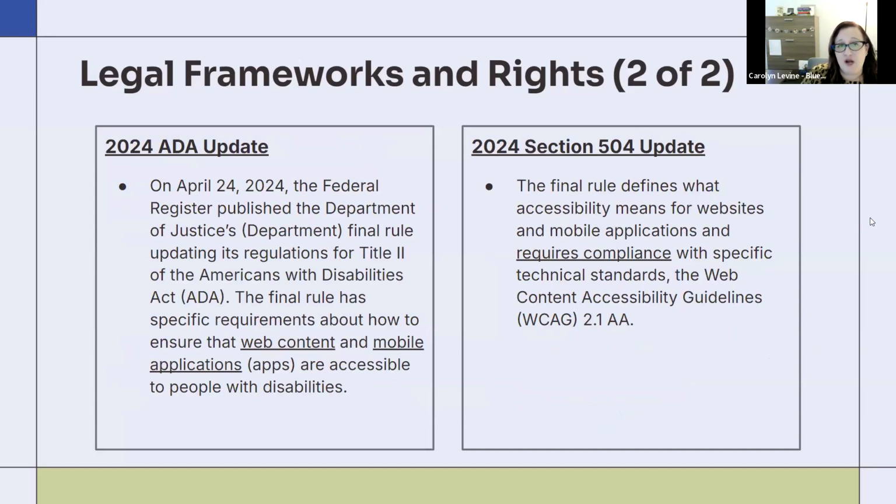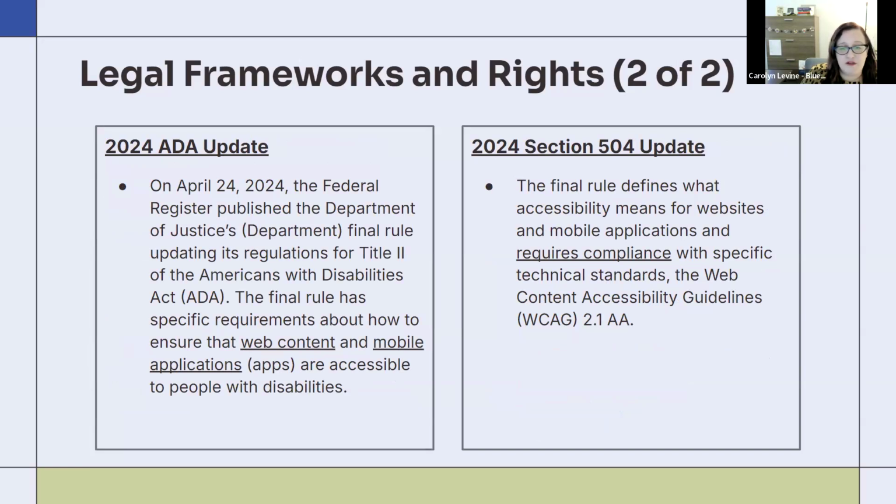Now, y'all will be hearing a lot more about this in the coming months, but there have been some updates to the ADA and Section 504. These updates relate to digital accessibility. So historically, Blue Ridge has done a really good job of trying to make sure that all of our content is accessible, but that hasn't been a legal requirement until now.